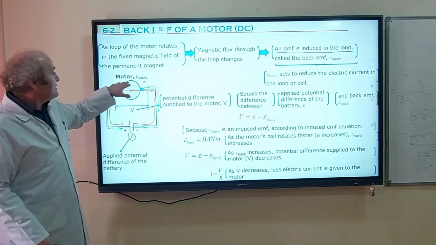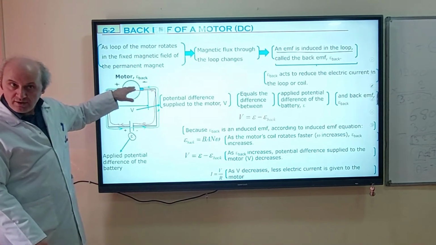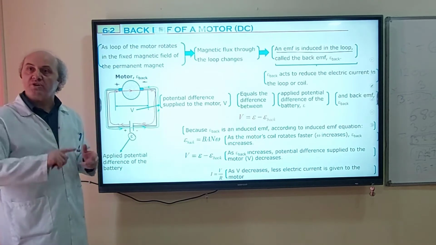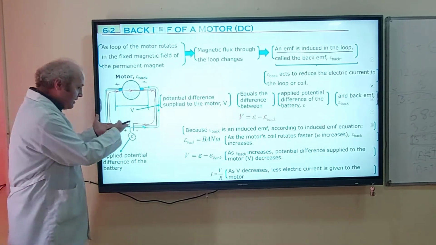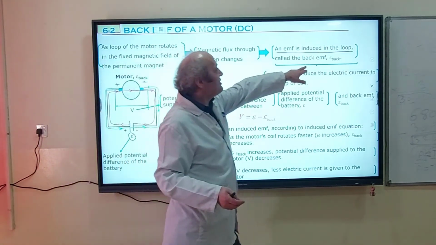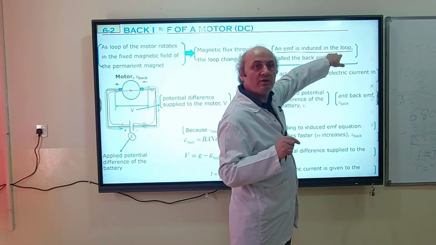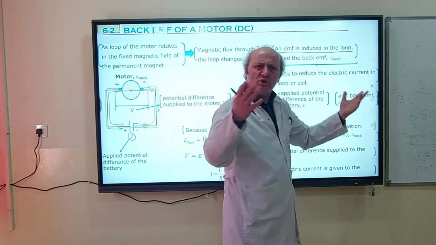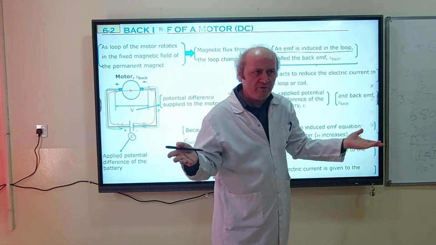The motor's EMF circulates a current in the opposite direction of the battery. That's why this EMF is called, in your book, back EMF. If it's a normal induced EMF, it is no different than the induced EMF we studied.